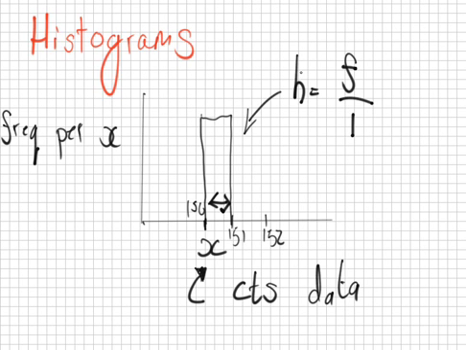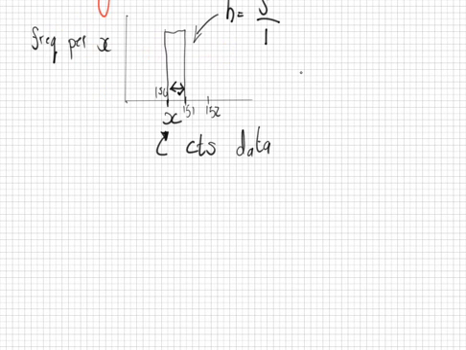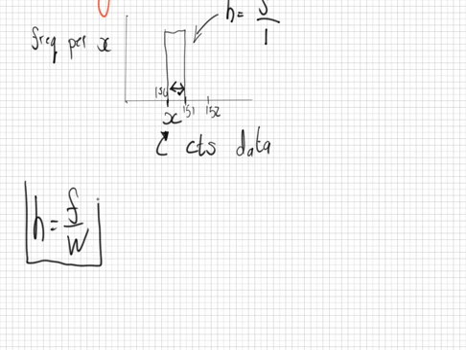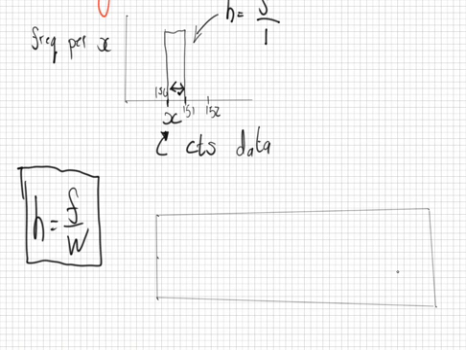So I'll give you an example now. So what you need to take from this is that the height is the frequency over the width. That's the formula for the heights of the bars. So let's take a frequency table here. Okay.